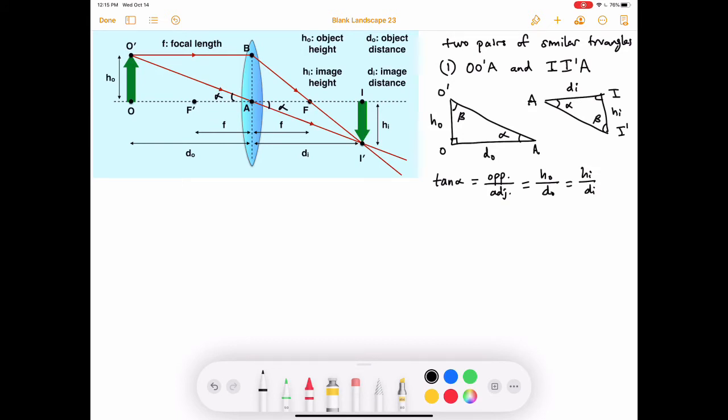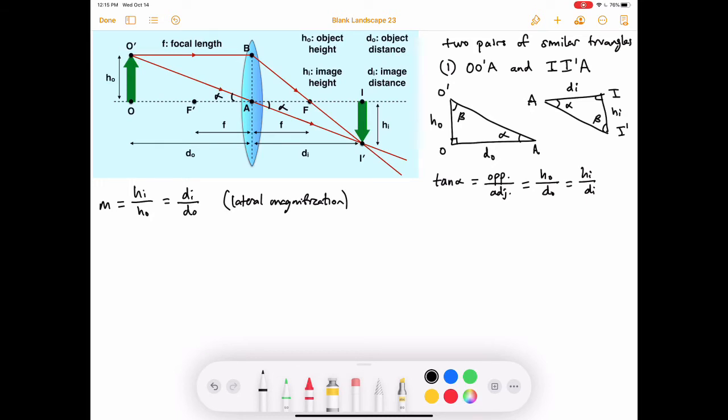So this gives us HI over HO equals DI over DO. So remember, HI over HO is what we call the lateral magnification. So apparently, the ratio of the image and the object height is also the same as the ratio of the image and the object distance, okay?